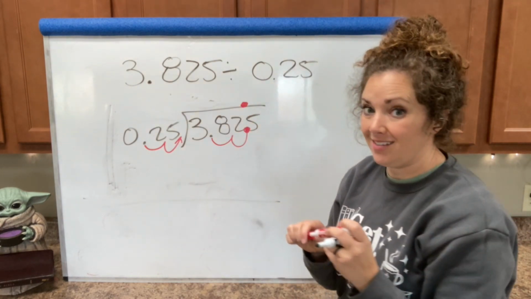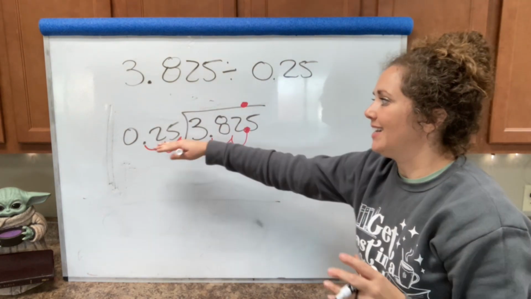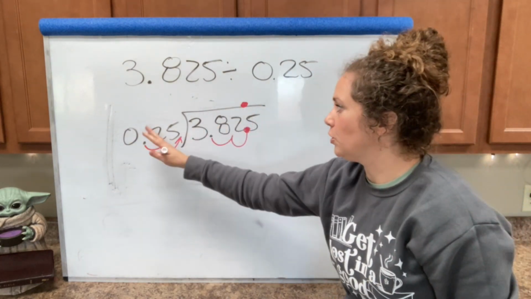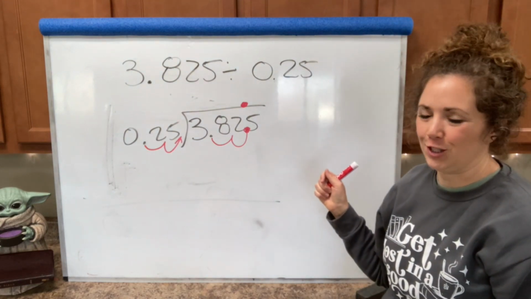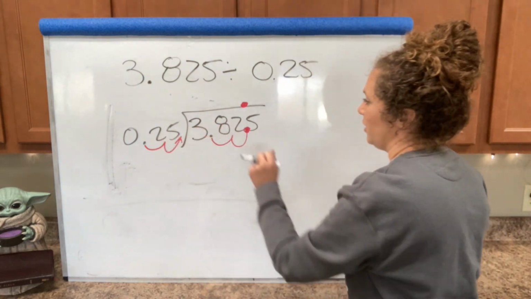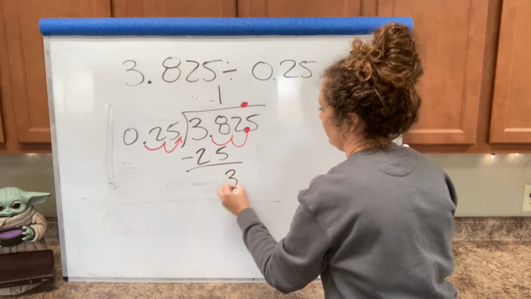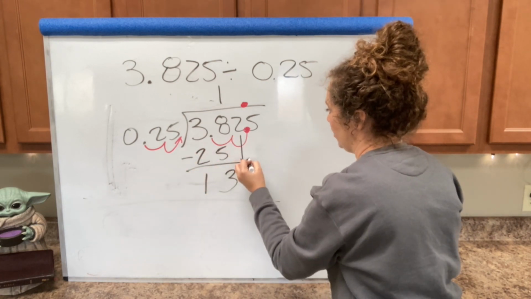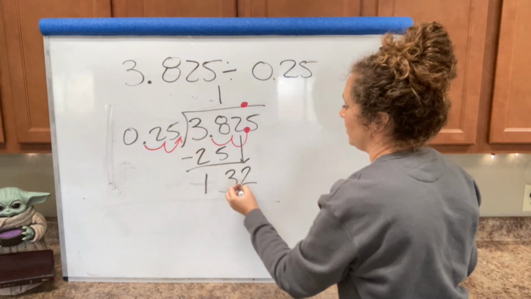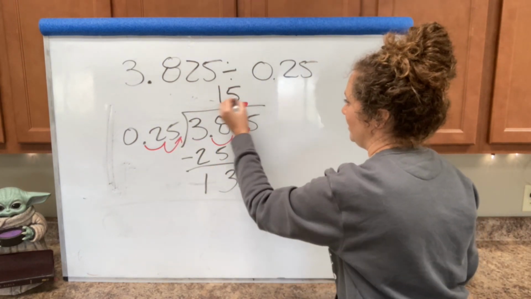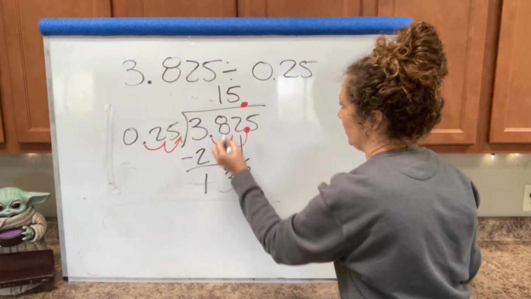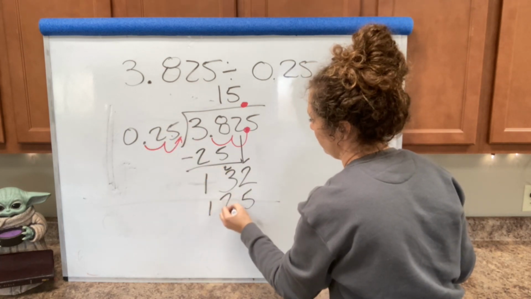I cannot stress enough the importance of keeping things nice and neat on your paper so you don't lose track of what you're doing with the division problem. So 25 goes into 38 one time. Then I bring down this 2. 25 goes into 132 5 times. 25, 10, 11, 12.